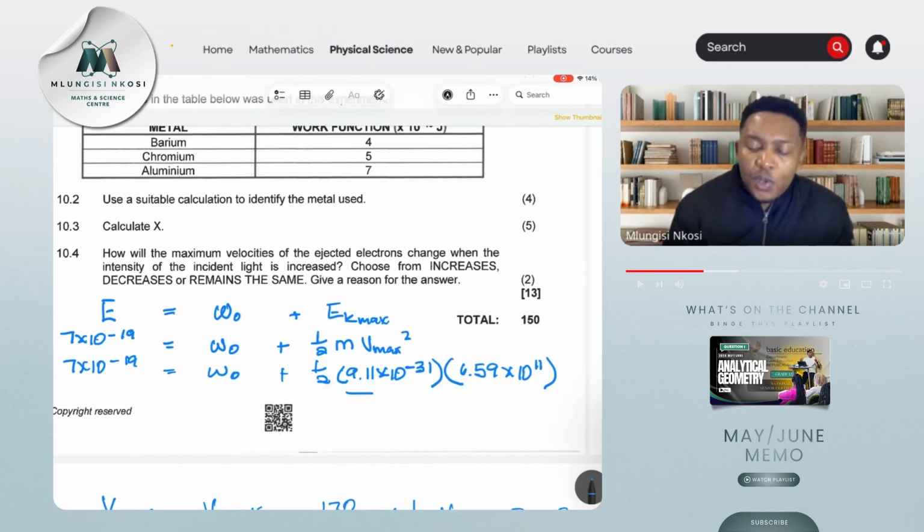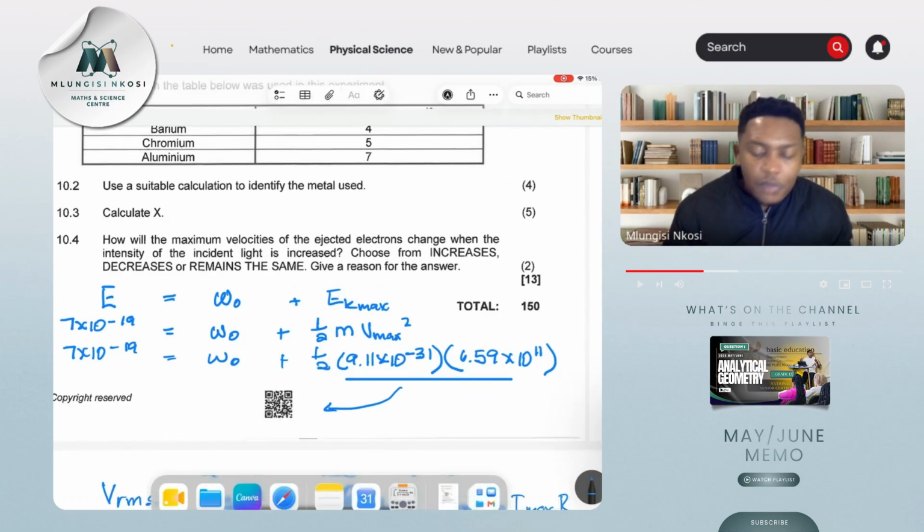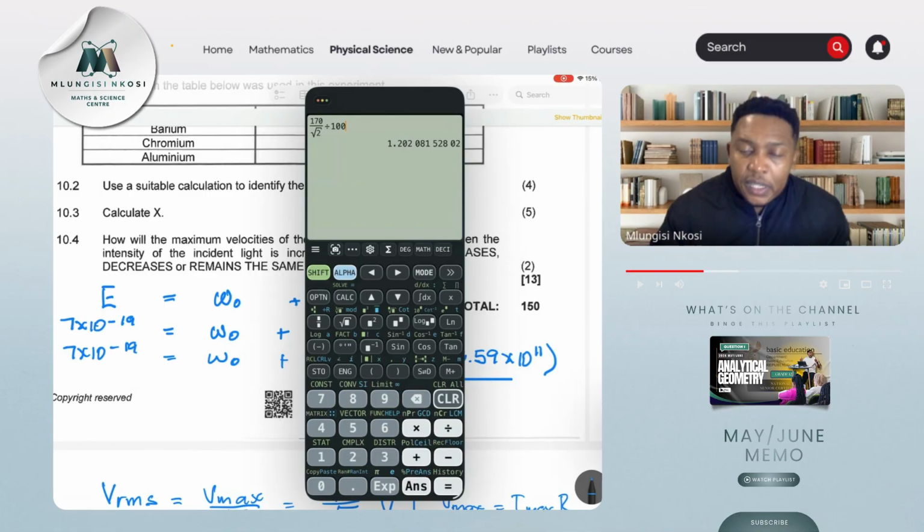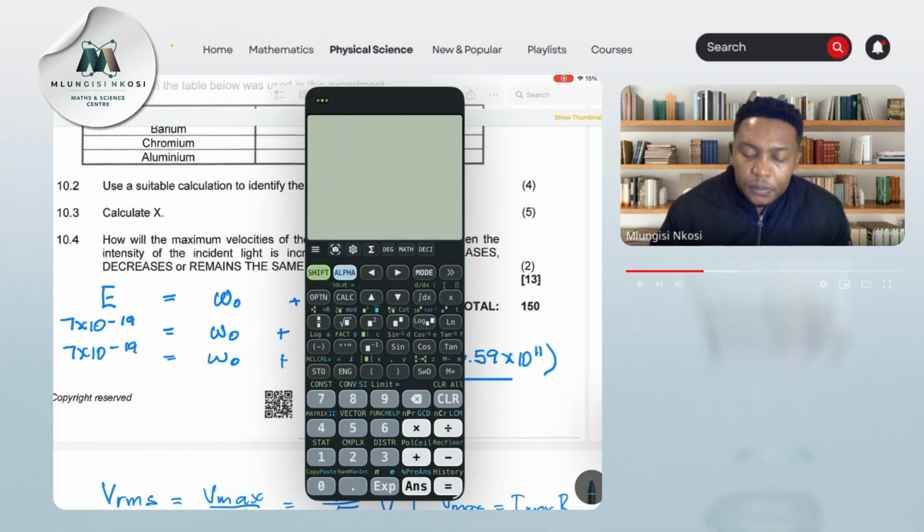So all I'm going to do is take all of this to the other side, all right? And of course, I will subtract it from that value, 7 times 10 to the power negative 19. Okay, let's do that. Minus 19.